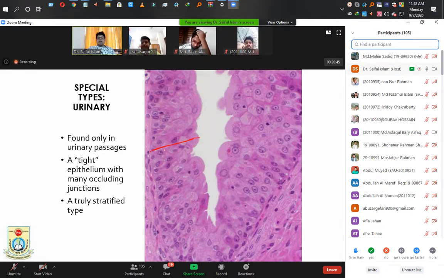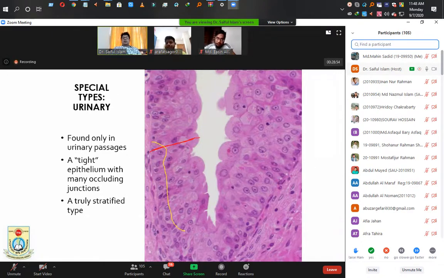The 6 layers will be squeezed and form 2 or 3 layers. But again, when it is empty, with no urine, it goes back to its shape.